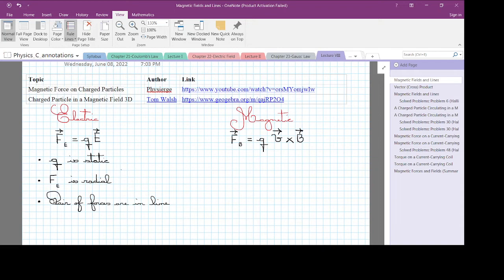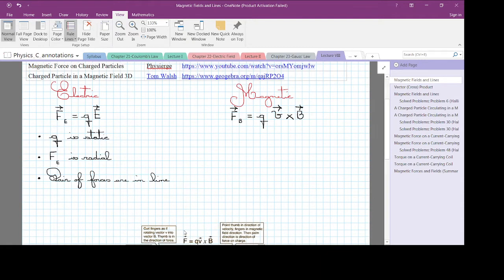And this is a major difference now that we are going to analyze the magnetic forces. Let me just erase this one.